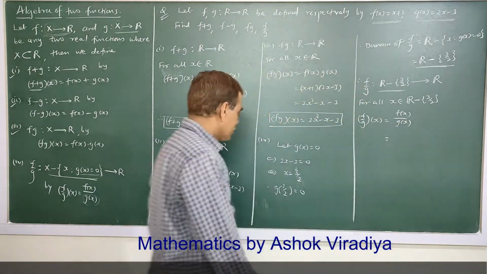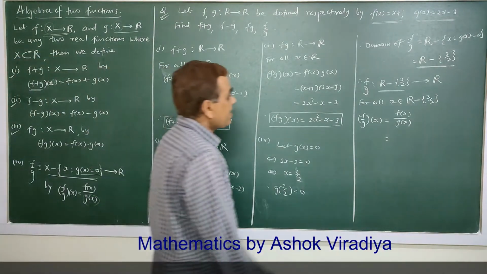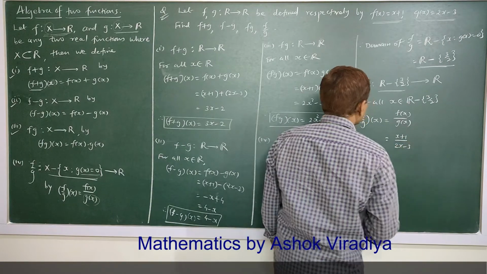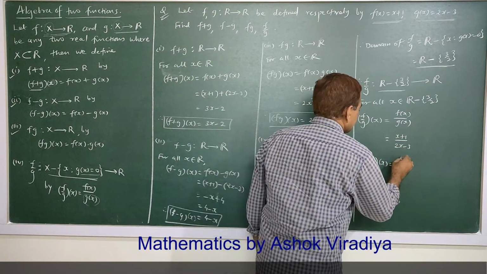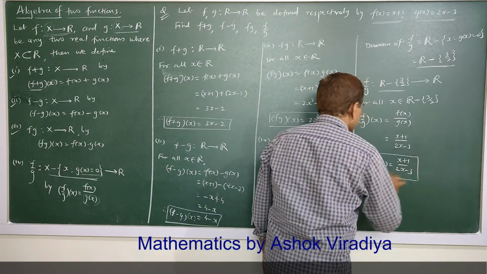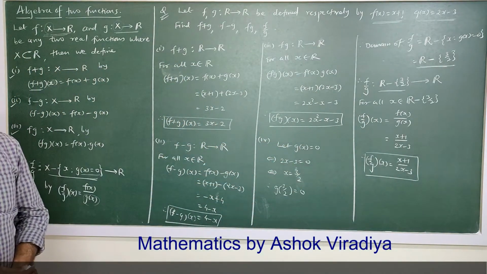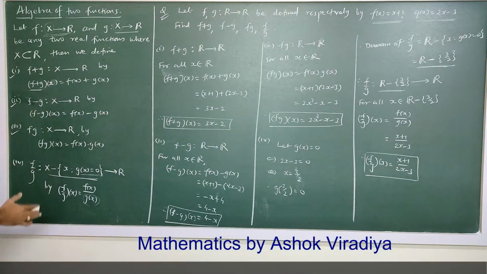So application of this formula: f(x) is x plus 1, g(x) is 2x minus 3, therefore (f upon g)(x) is x plus 1 upon 2x minus 3. This is the quotient of two functions. So this is about the algebra of two functions.